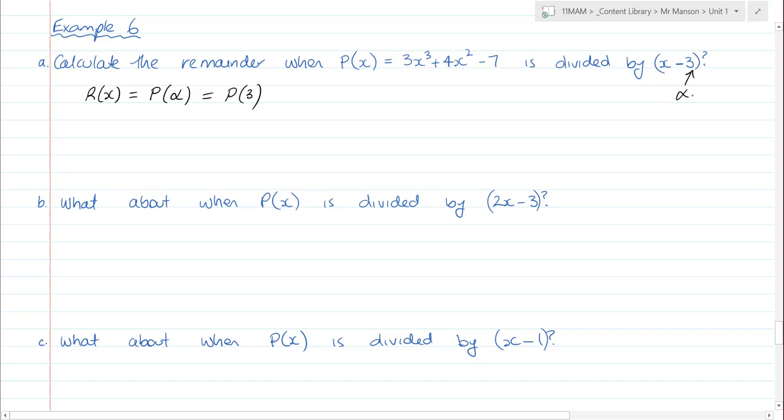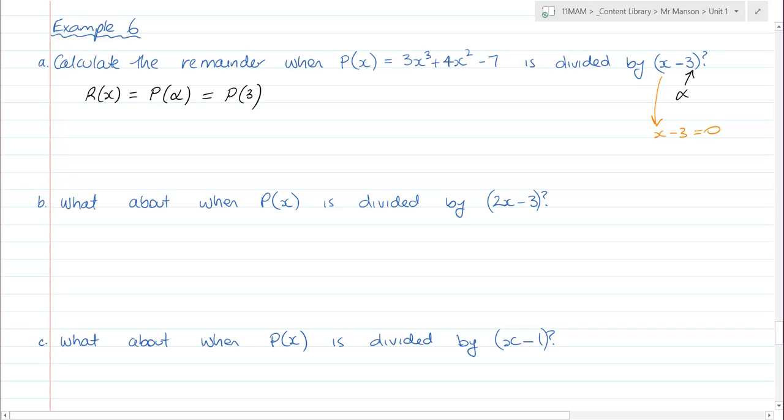Now, think about it this way, and you'll have to go back to your knowledge on quadratics. If you factorised a quadratic and you had a series of factors and they were equal to 0, we would apply the null factor theorem. So we'd say these two things multiplied together equals 0. One of them must be 0. That would be applying the null factor theorem. And we might say in this case, therefore, that x minus 3 must equal 0.